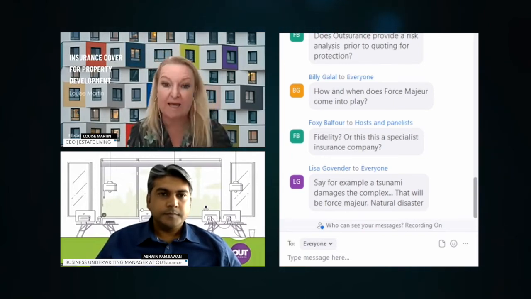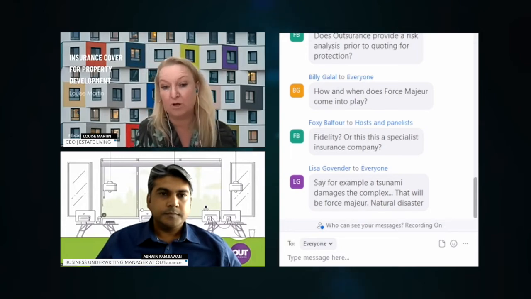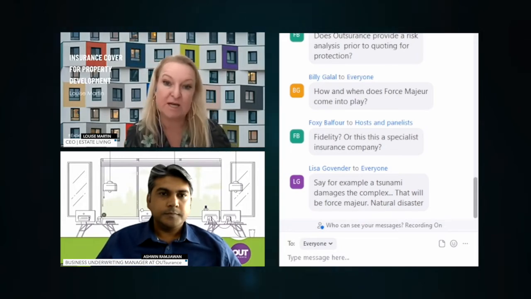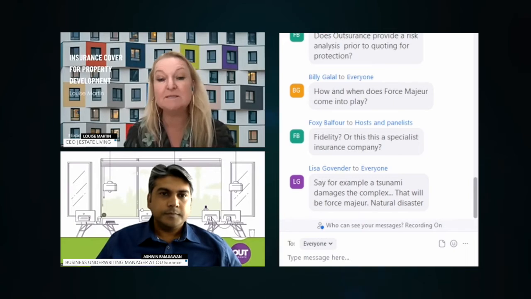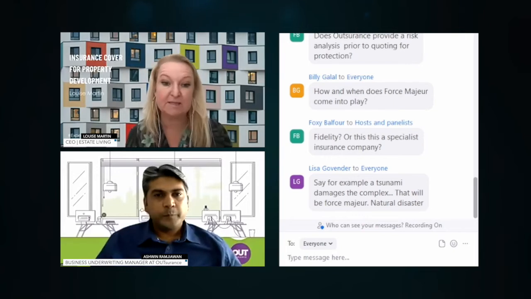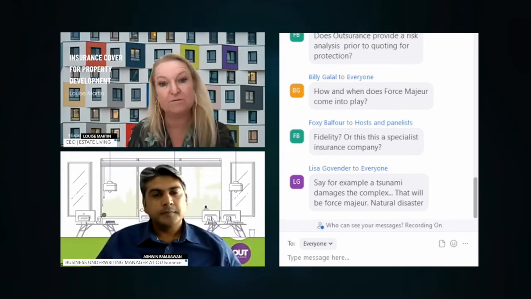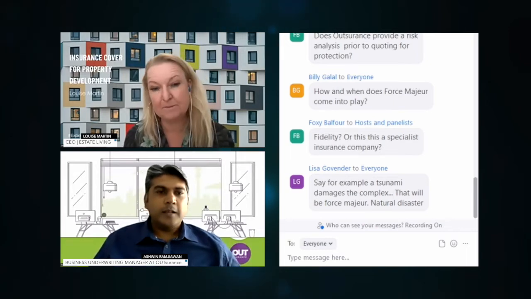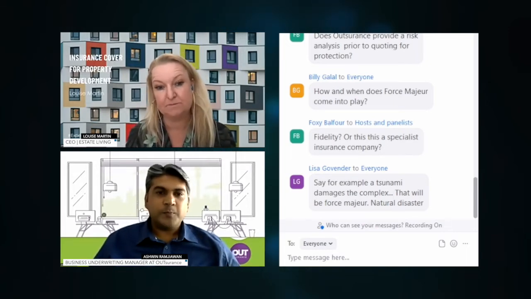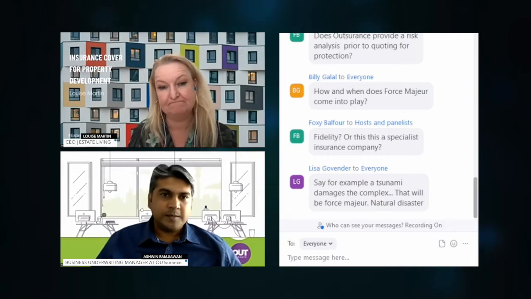Something that could delay a construction timeline, which could incur costs for contractors, subcontractors, and also for the developer themselves. Is there a policy that you can put in place that can protect you against any of those types of delays? So, Louise, as far as I'm aware, these policies are very much perils-based policies.